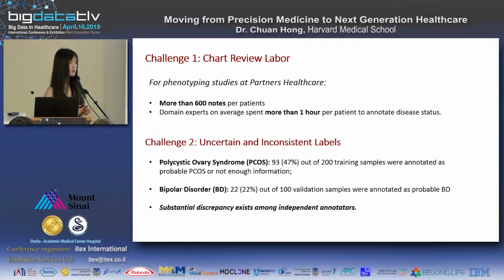Also, sometimes multiple physicians look at the same patient's notes independently, but they come out with different results. Even after they compare their results, they still cannot get a consistent result.